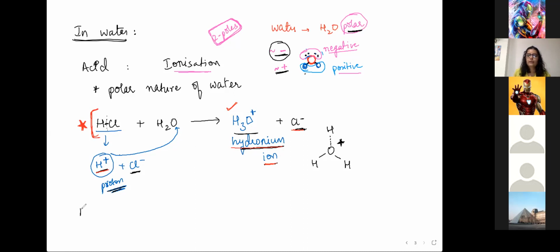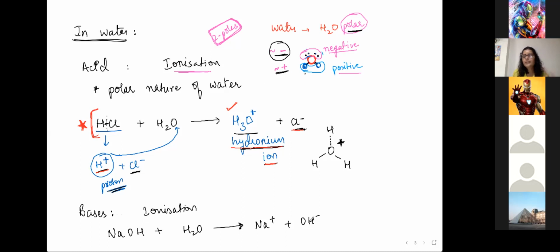Okay. Now coming to the story of bases. Bases also undergo ionization in water, because of the polar nature of water. If I take an example, NaOH in the presence of water, NaOH simply breaks down into Na plus and OH minus. OH minus is significant enough, it's got bulk, it can exist independently.